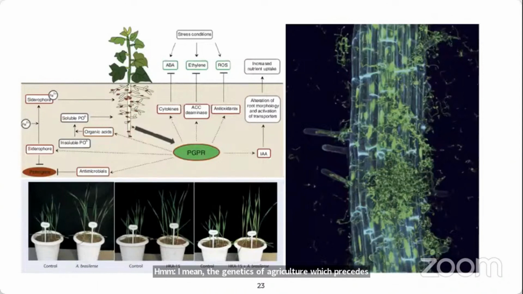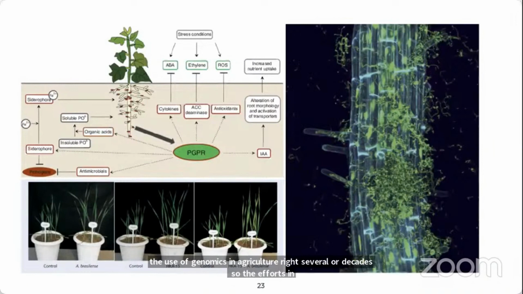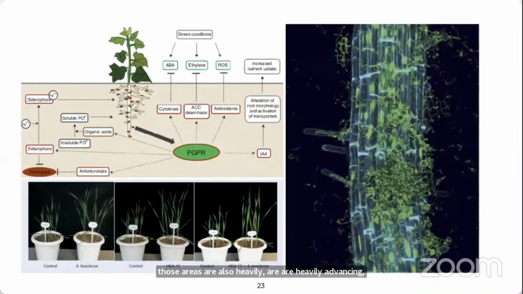So the efforts in those areas are also heavily advancing, because generally the amount of data that is available for us to compare our samples with is focused more on the human genome and disease-causing human genes, and less on general crop yields, crop production and agriculture in general. So in those aspects, people focus on not comparing the genome with the reference genome.